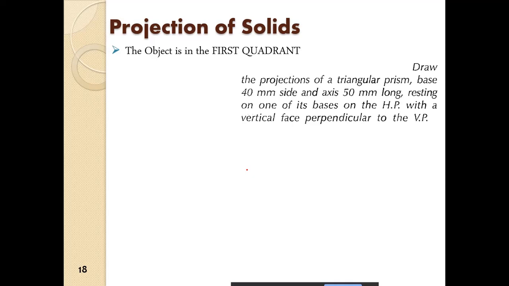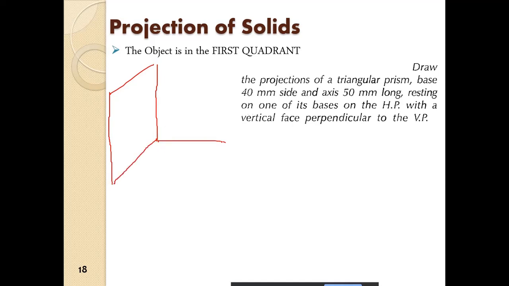So here a question is given: draw the projection of a triangular prism, base 40 mm side and axis 50 mm long, resting on one of its bases on the HP with the vertical face perpendicular to the VP. So let us again first of all start with the concept drawing.